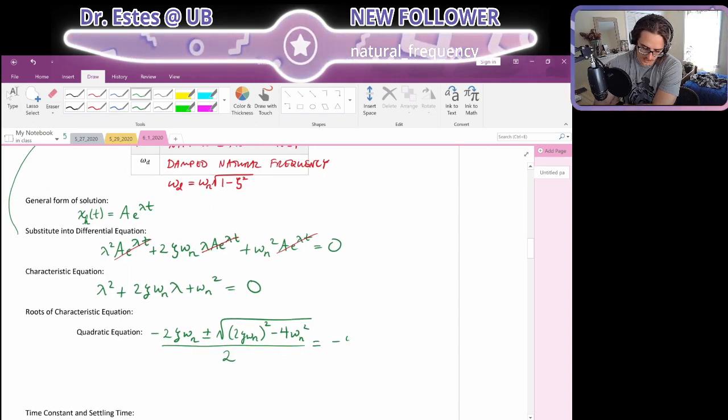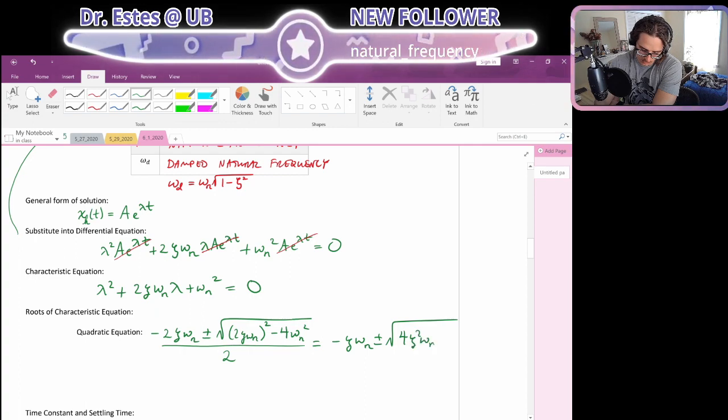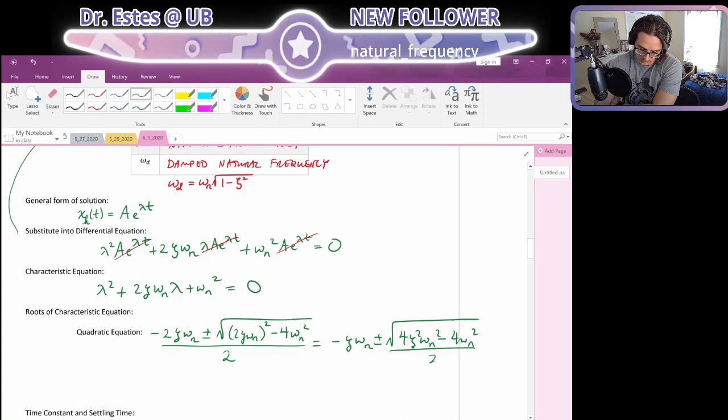So we get minus zeta omega n plus or minus the square root of 4 zeta squared omega n squared minus 4 omega n squared over 2.